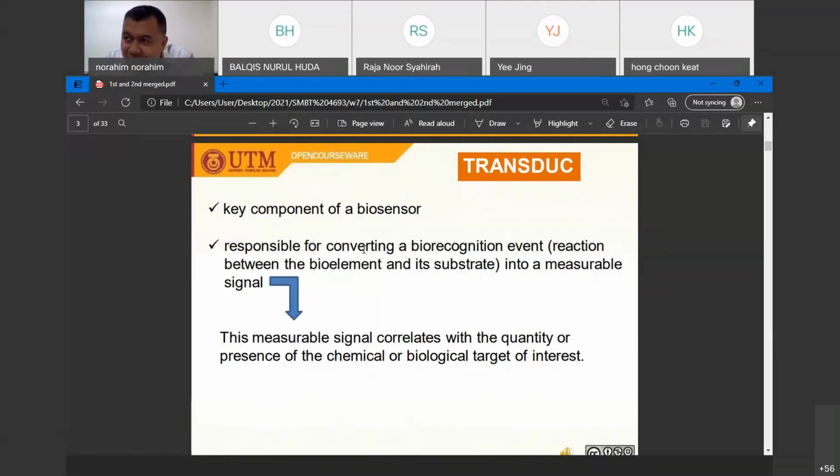And the final one, so that you can see the signal. Is it just two? Biosensing element and the transducer? And the device. What was the third one? Forgot. Anyone? Cepat tengok nota.